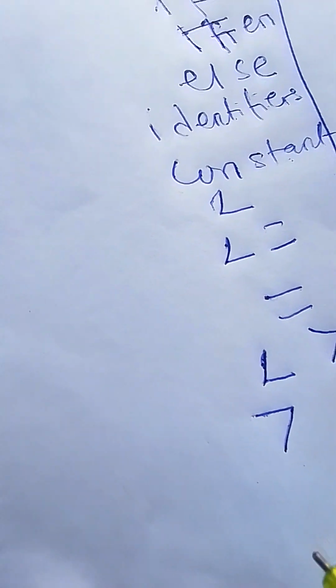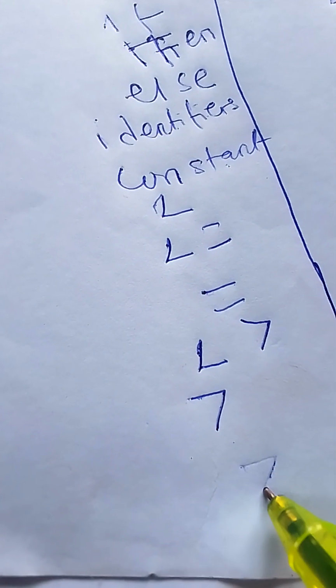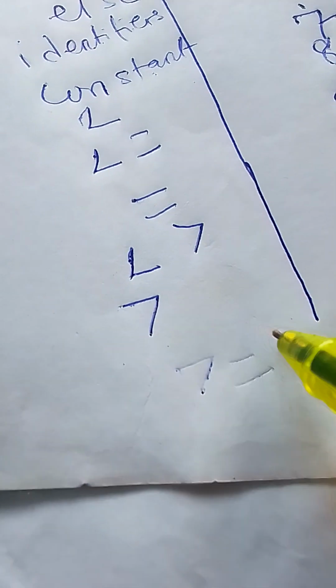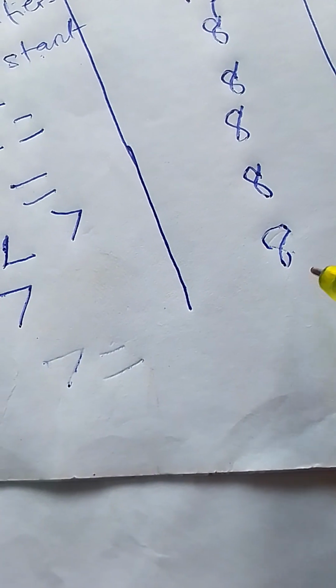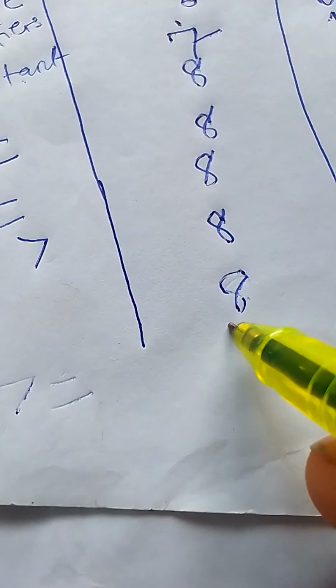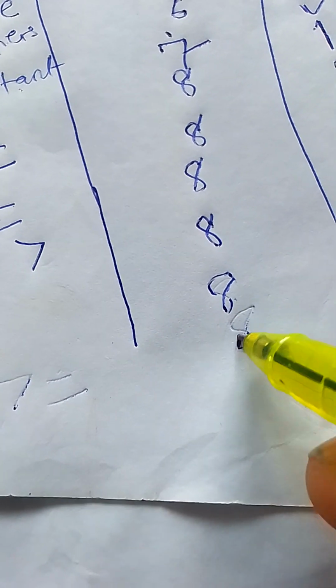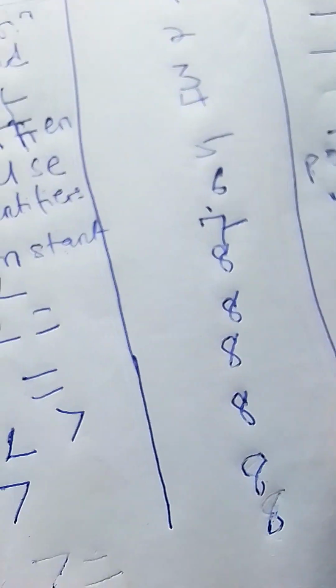And finally we have greater than or equal to. The code is 8 and the value is 6. That is all that we have.